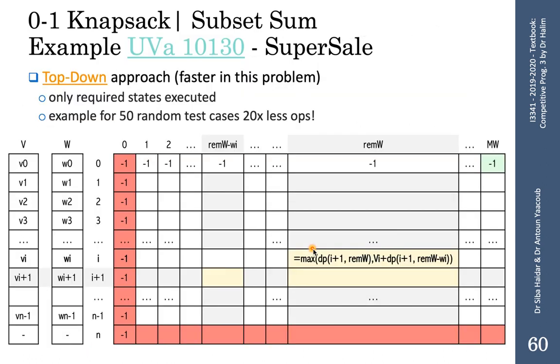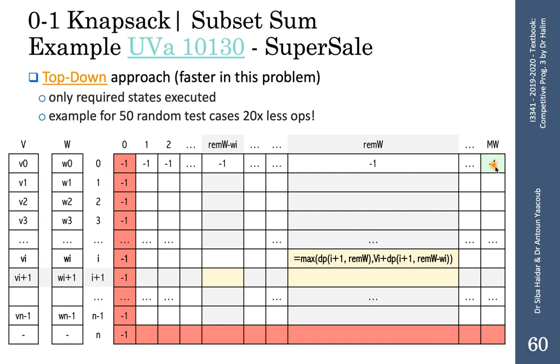How do we proceed? The top-down approach will be as follows. We have the memoization table. The first argument is the current item, and the second argument is the remaining weight, and we call using item 0 and remaining weight, which is the full maximum weight capacity.